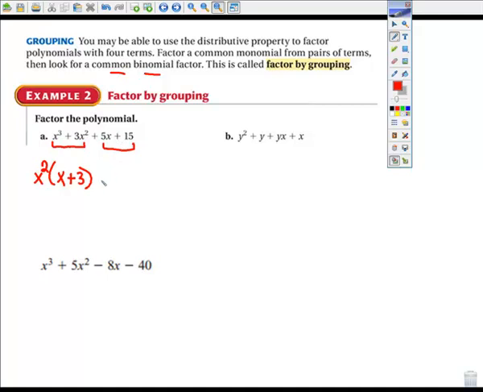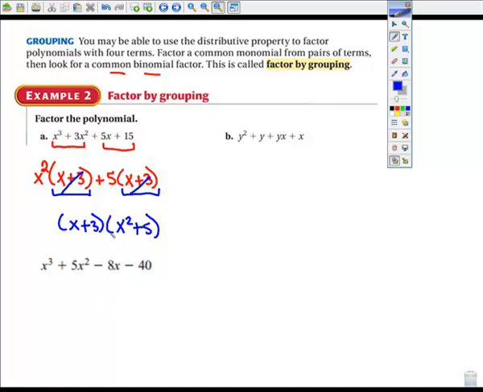If I look at these two terms, they have a common monomial factor of 5. When I factor out a 5 from the first term, I get an x, and from the second term, I get a 3. So now it takes me back to what I did on the previous page. These both have an x plus 3. So I factor out the x plus 3, and from the first one, I'm left with x squared. The second one, I'm left with plus 5.